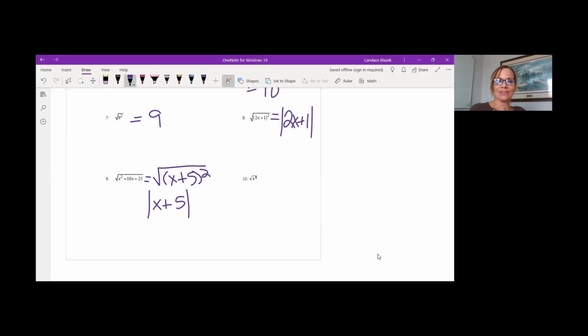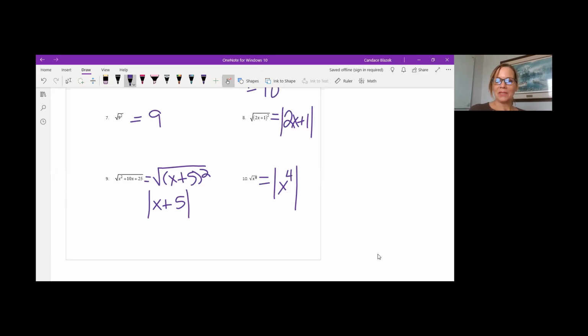And 10, the square root of x to the 8th. We're going to talk about this more in the next section: if you have an even exponent on a variable, it is a perfect square. So what do we do for the square root? We take the exponent and we half it.